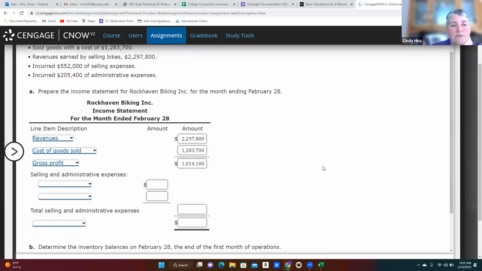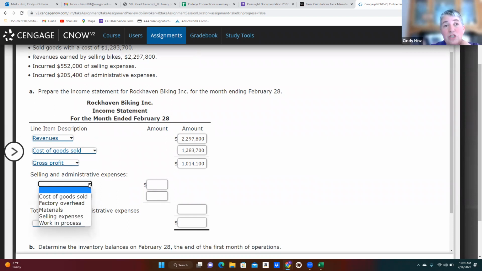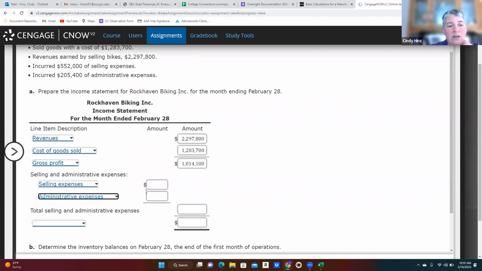The next part of the income statement is the period expenses. So the selling and administrative, or what sometimes you hear referred to as SG&A, selling, general, and administrative expenses, includes both selling and administrative expenses.